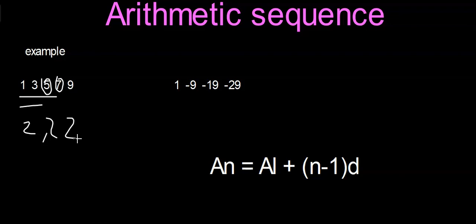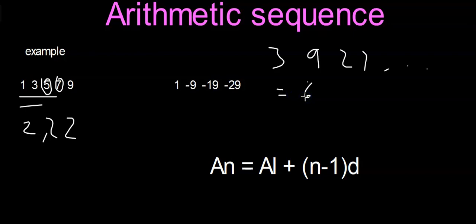A lot of people confuse it with the geometric sequence. The geometric sequence is like this. Let's say we have 3, 9, 27, and so on. When you subtract 3 from 9, you get 6.